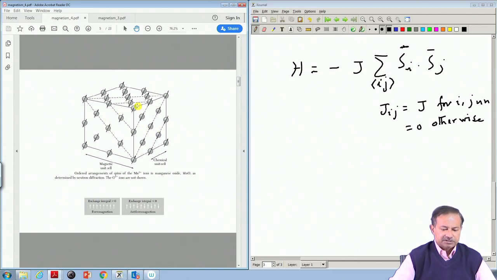This is an example which I chose because you can see that this is an antiferromagnetic arrangement. This is determined from, say, neutron scattering, and you can see that in the antiferromagnetic state, the unit cell, which means the repeating unit, is doubled. The size of the unit cell is double the size of the chemical unit cell.